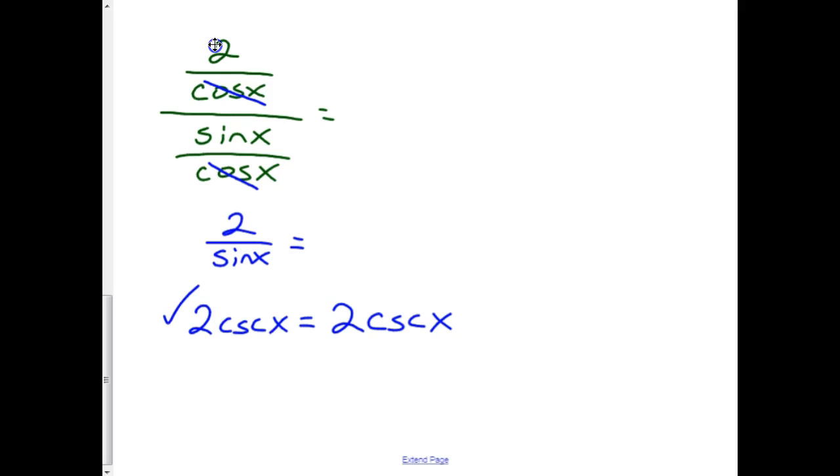Let's see. Next one. Number 16. All right, let's see what we have. We're definitely working with the left side here, right? Well, I have two fractions that are being multiplied together, so let's just multiply them together. Yeah. So that would be 1 on top, and then this is a FOIL problem on the denominator. Those are the exact same terms, just 1 plus 1 minus, so it's just the difference of 2 squares, right?